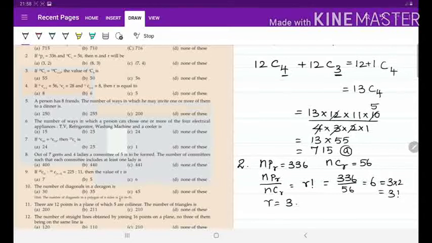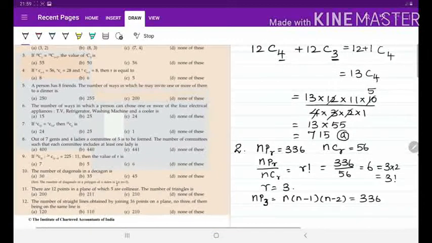Next, let's find out the value of n. We know that nPr can be written as n into n minus 1 into, and keeps on going. Here r is equal to 3. Let's substitute the value. So we get nP3 is equal to n into n minus 1 into n minus 2, which is equal to 336.